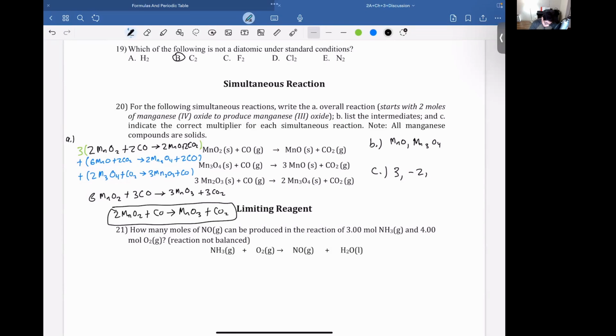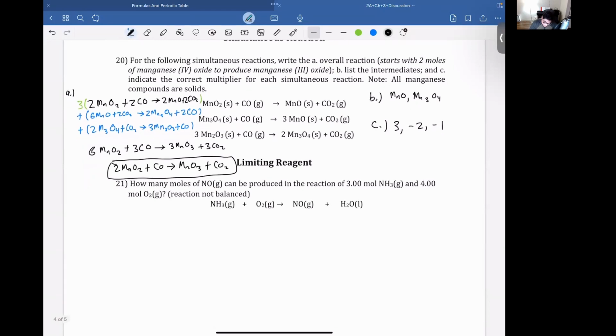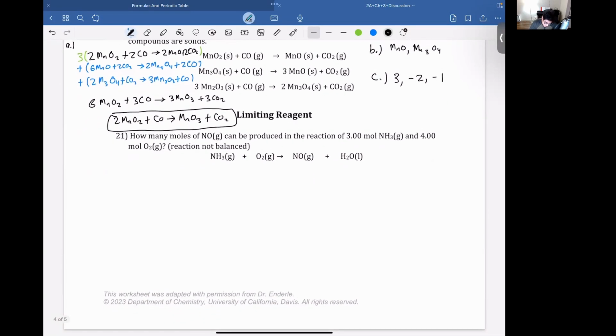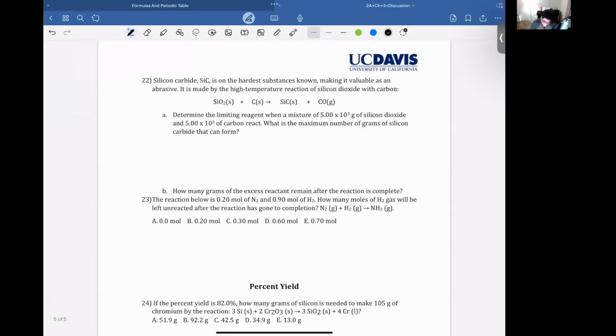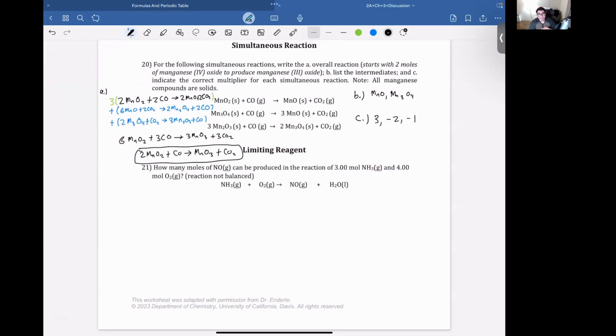And then the last one I left the same, but I reversed it, so -1. So if you reverse it, you can consider the multiplier as a negative, which will be important later on. Right now, it's like, well, why does that make sense? Why does that even help? When you get to Hess's law, it will make sense.